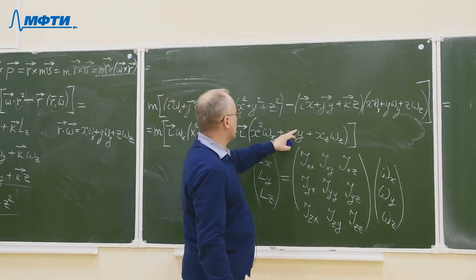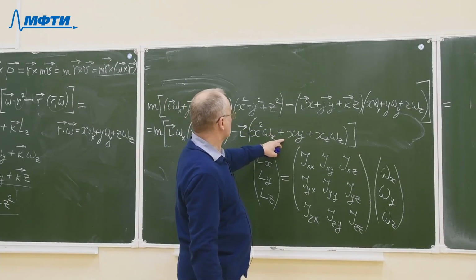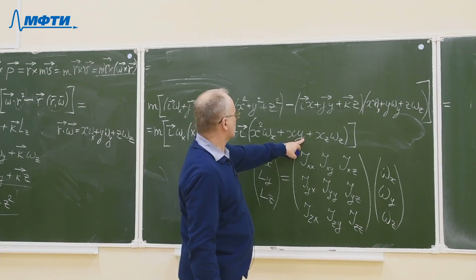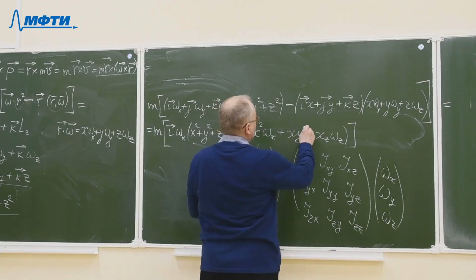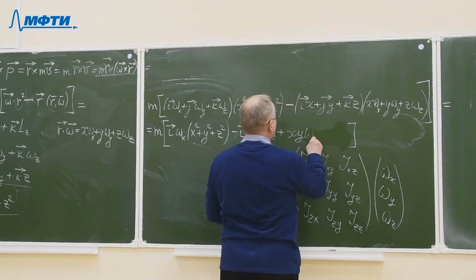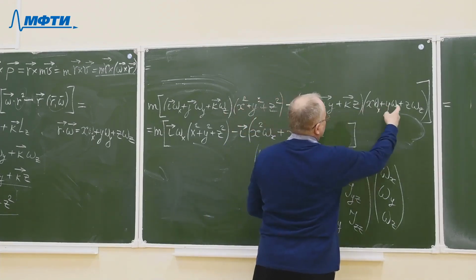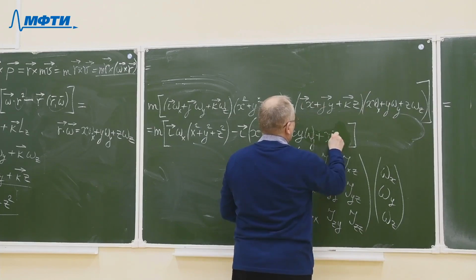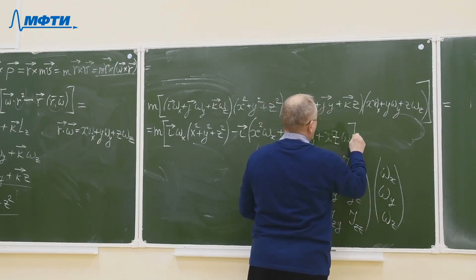With the unit vector i: x y omega y should be here. Yes, I forgot to put omega y here. And plus x z omega z.